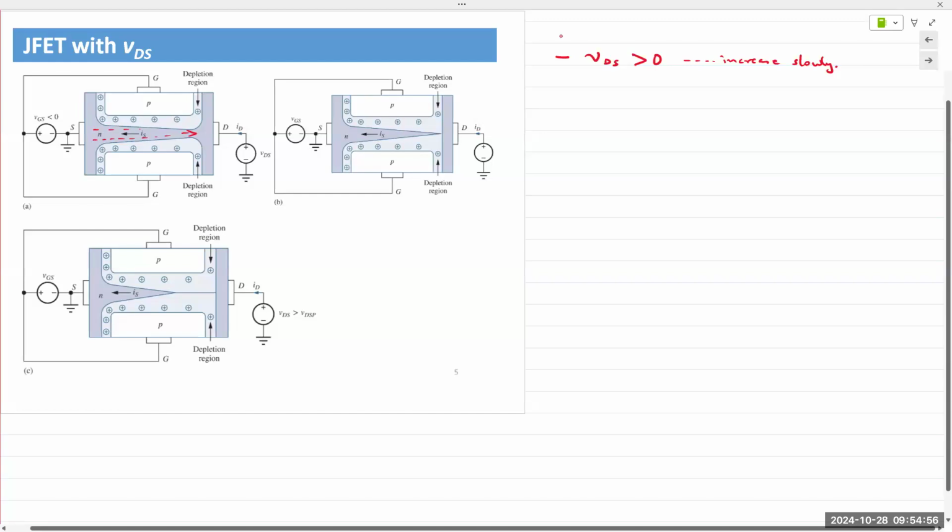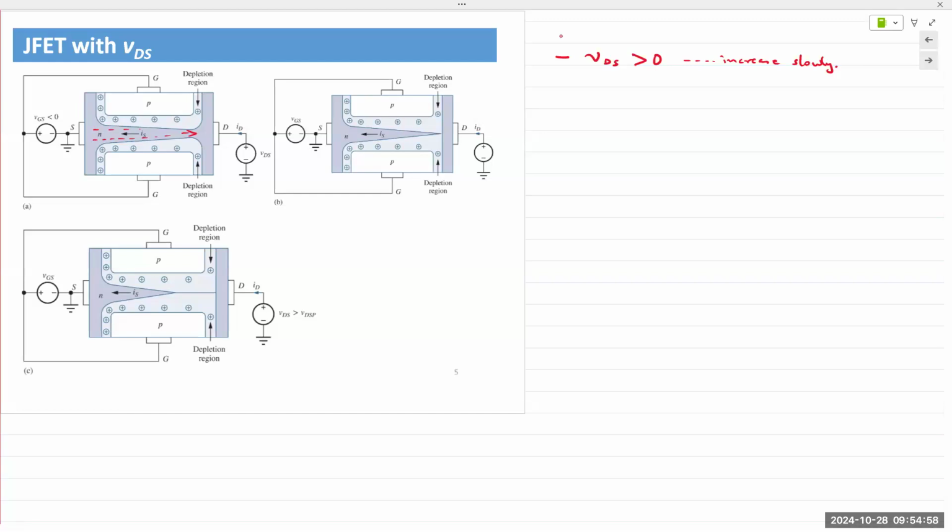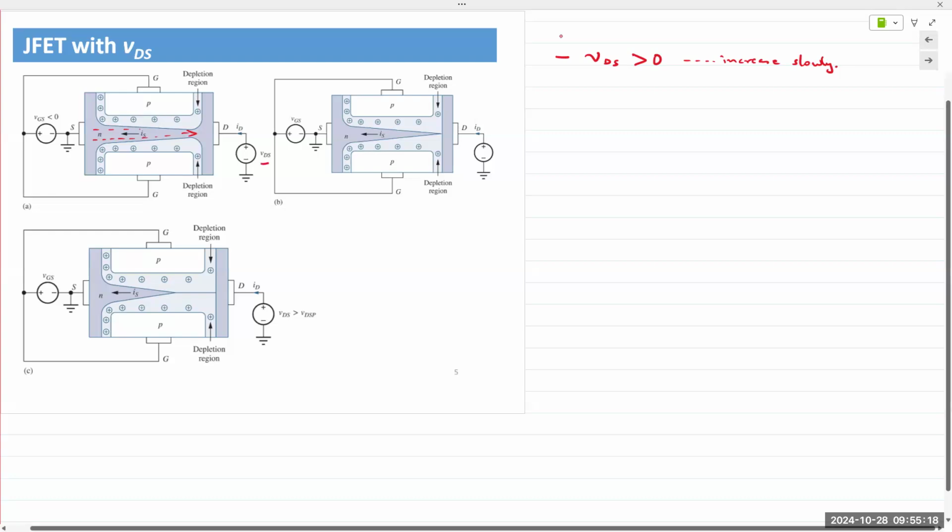Now, for every applied voltage of VDS, if you wish to turn the device off, you have to keep increasing the reverse bias at VGS, meaning we have to apply an increasingly negative voltage at VGS to turn the device off. So you can see here, VDS positive applied, and then VGS kept at 0.